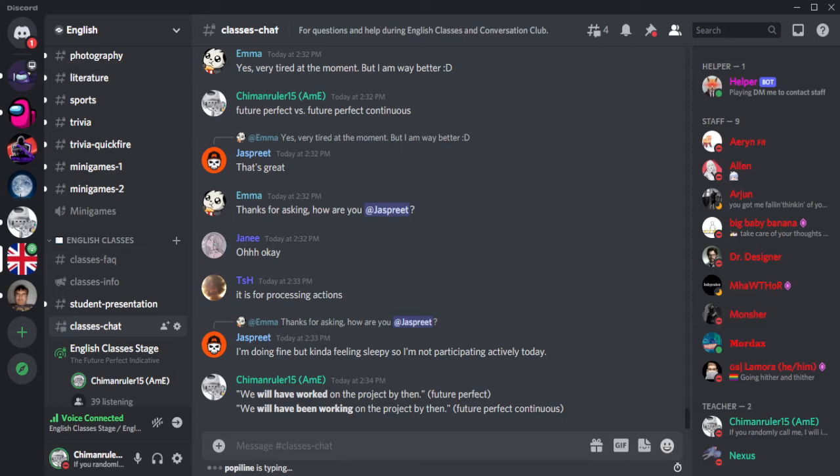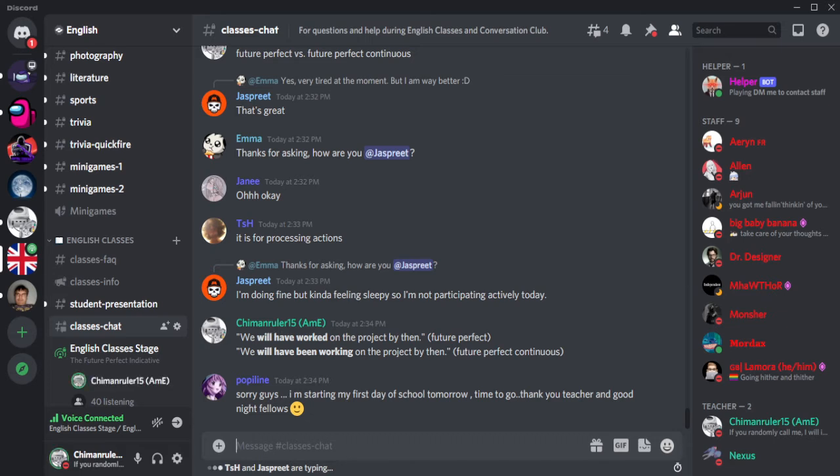"We will have worked on the project by then." "We will have been working on the project by then." That second one implies that the action of working on the project might not be completed at that point. Whereas the first one doesn't really have that implication, if that makes sense. The first one basically sounds more complete than the second one. Although, no, never mind. But yeah, that's really the difference here.